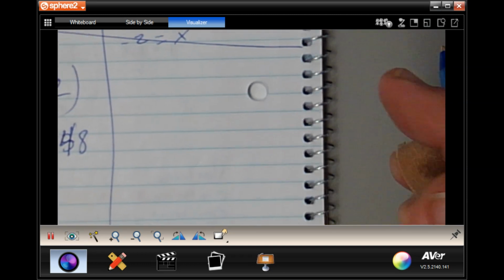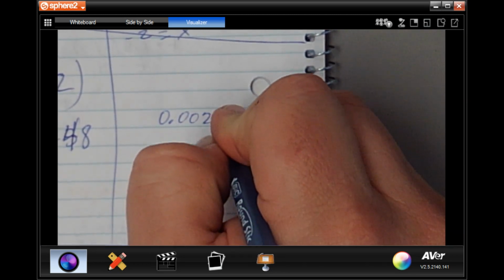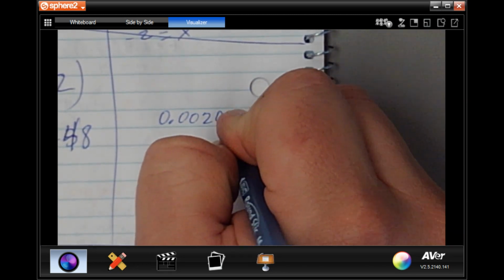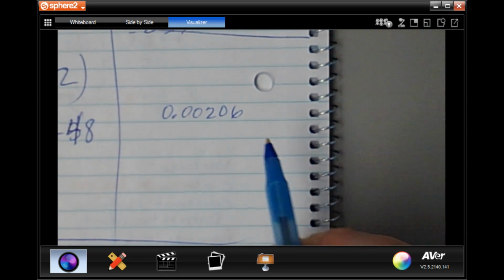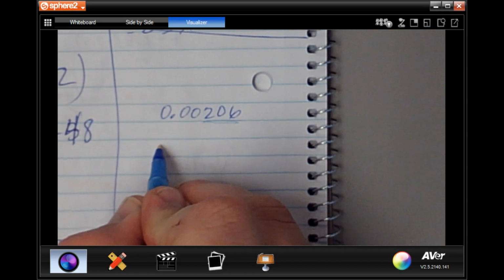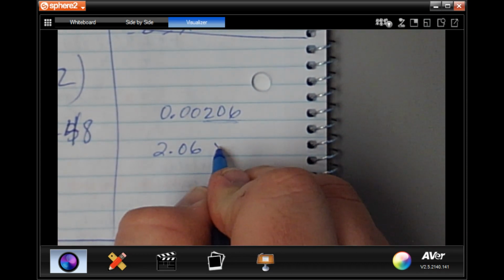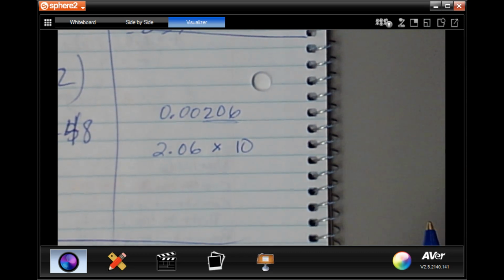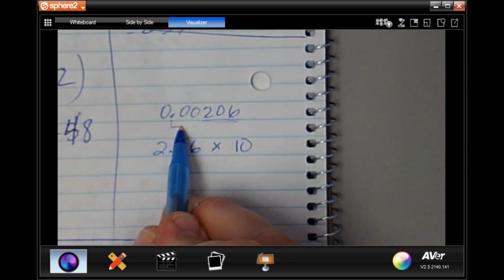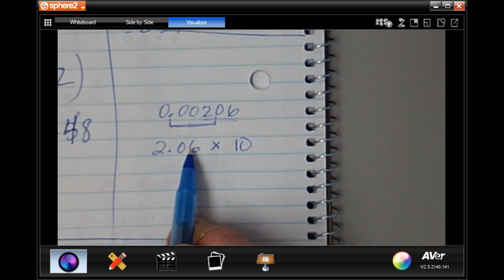If we get to a number that's much smaller, like you see something like this, what we do is the same kind of concept. This is the value that we're looking at for that finite decimal. So we'll take that and write 2 and 6 hundredths. We're going to multiply by 10. But with this value, look at this value, it's less than 1. So we actually have to take 1/10 of this value over and over again.